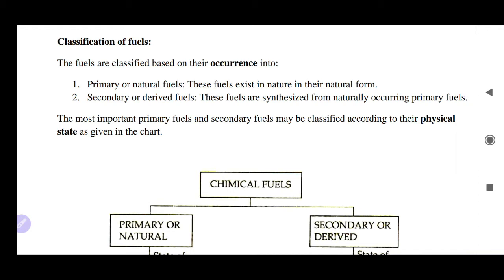Such fuels we can call natural or primary fuels. Secondary means fuels which are synthesized from naturally occurring primary fuels, or which are derived from primary fuels. Such fuels we can call secondary or derived fuels.